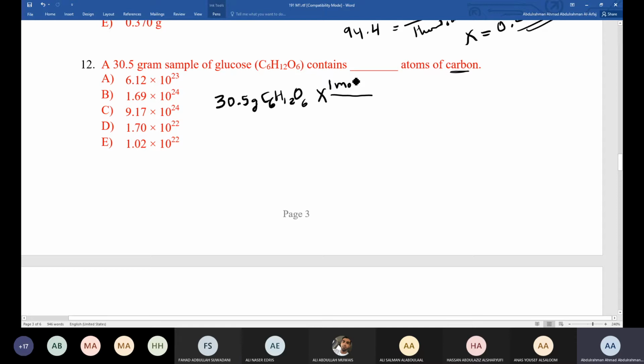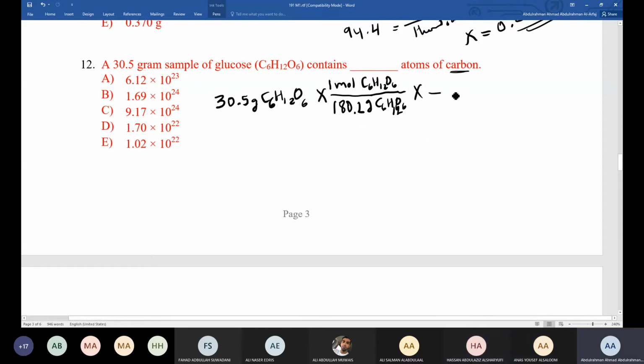Convert to mole C6H12O6 by dividing by the mass of glucose. What's the mass of glucose? Quickly. Yes, good.